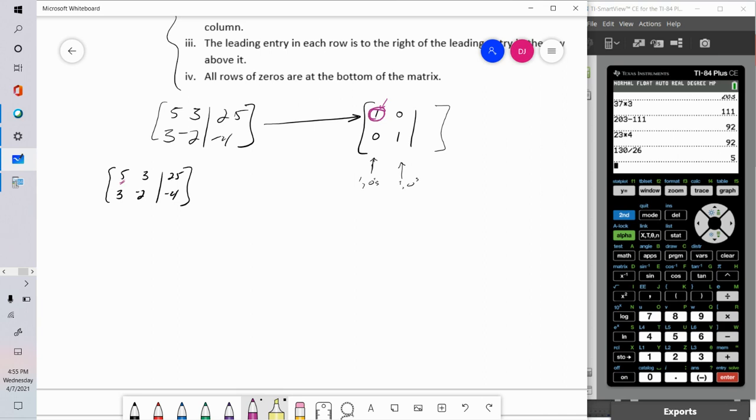Where we have a 5, we need a 1, so I'm going to multiply row 1 by 1/5. My top row becomes 1, 3/5, and 5. The bottom row did not change.